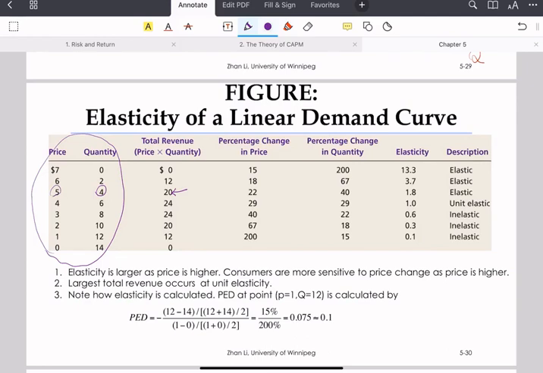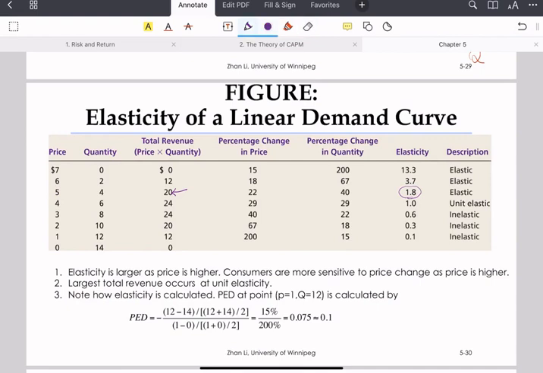To get this, we have to first calculate the percentage change in price, right? So let's say we wanted to get this number, an elasticity of 1.8 at price 3 and quantity 4. That's our purpose here.